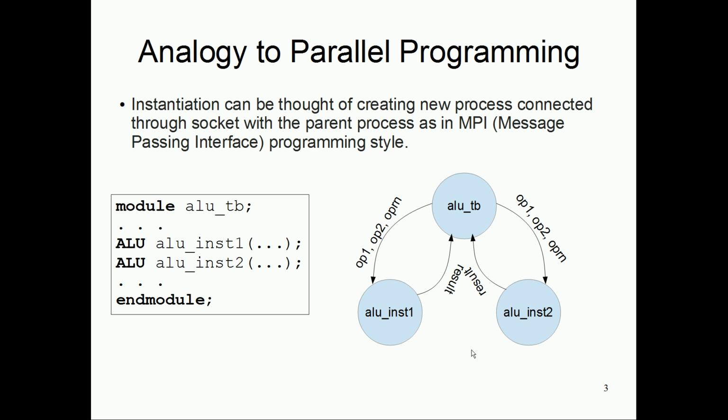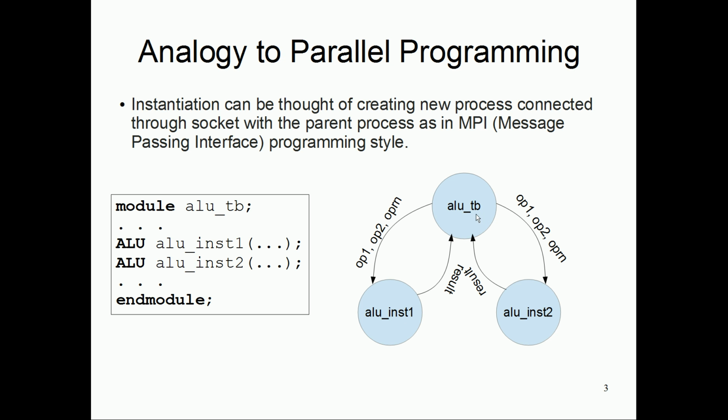The core part to understand is that these two are happening simultaneously in parallel. As soon as the test bench issues a new OP1, OP2, and operation to both of them, they are evaluated in parallel in execution time, and they both simultaneously put back the result to the ALU test bench.